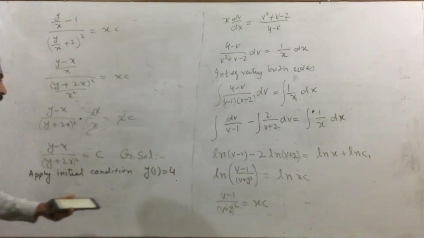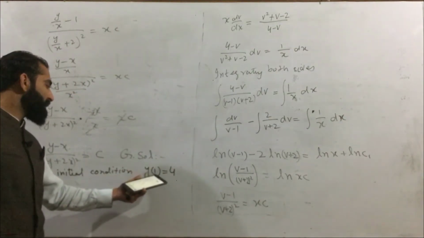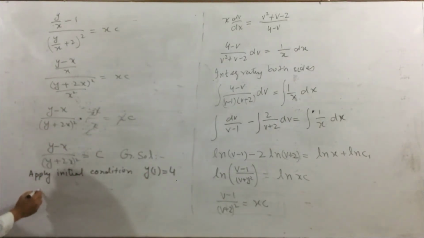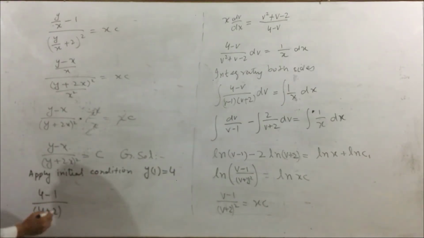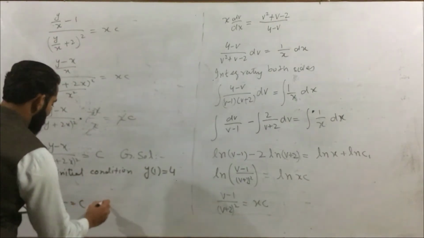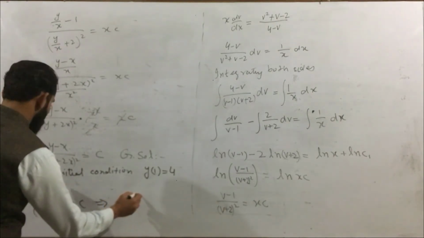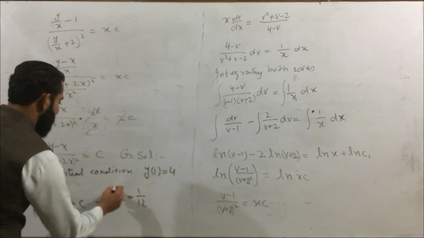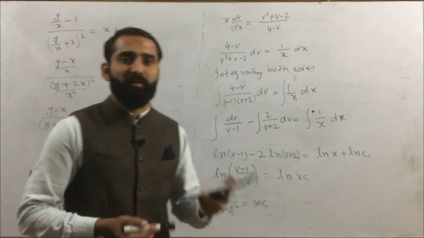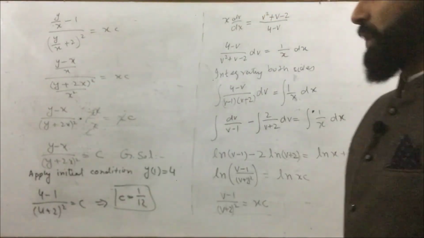This means that we will put x is equal to 1 and y is equal to 4 in the general solution. 4 minus 1 divided by (4 minus 1 plus 2) whole square is equal to c, and this implies c is equal to 1 over 12. Putting this value of c in our general solution, we can get the particular solution of question number 13.